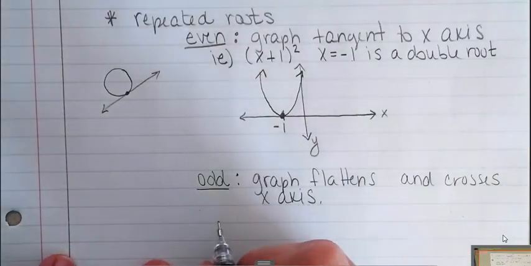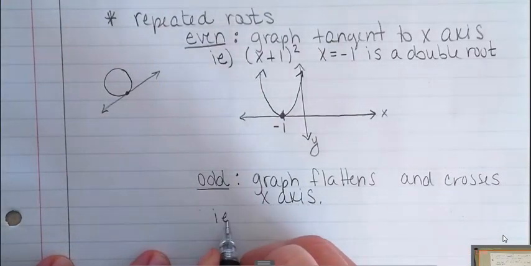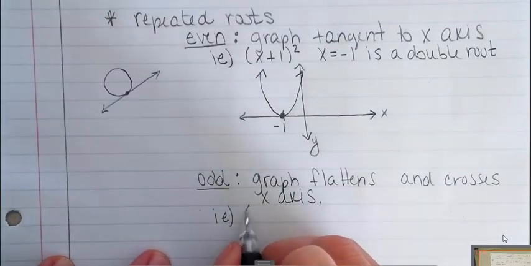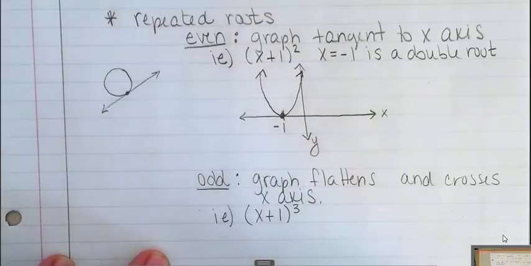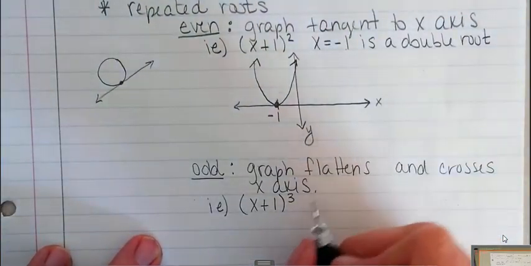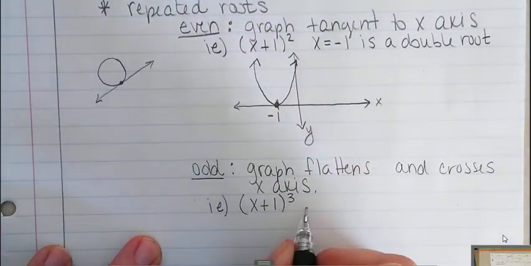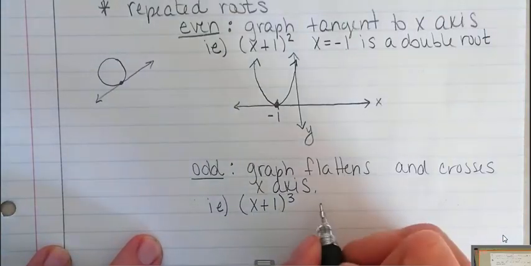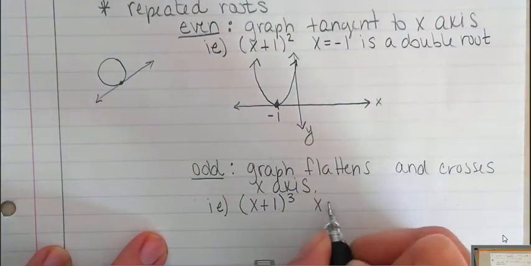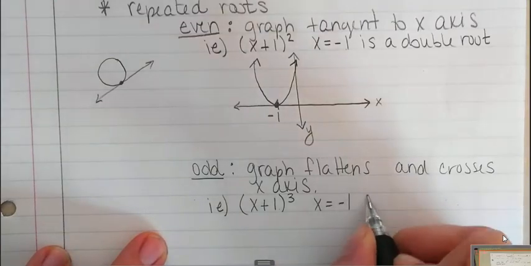Okay, so for example, how about I do x plus 1? But this time I'll make it a cubed root. Okay, so again, this would be like (x plus 1) times (x plus 1) times (x plus 1). And really, I'm just getting one root out of this, right? That one root is going to be x equals negative 1.